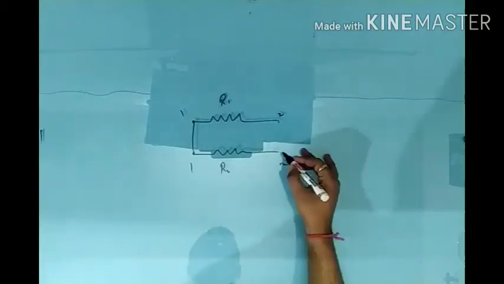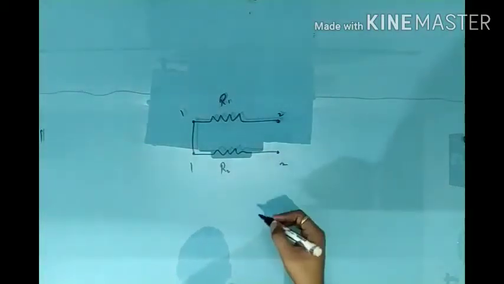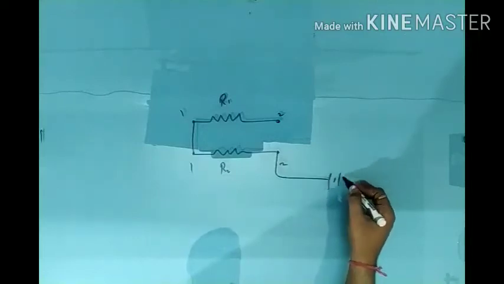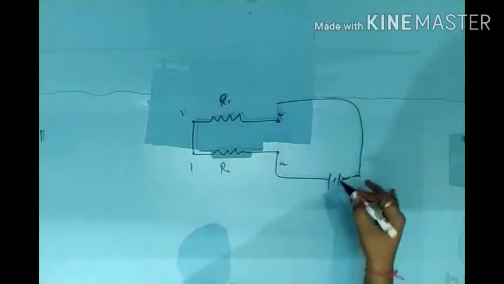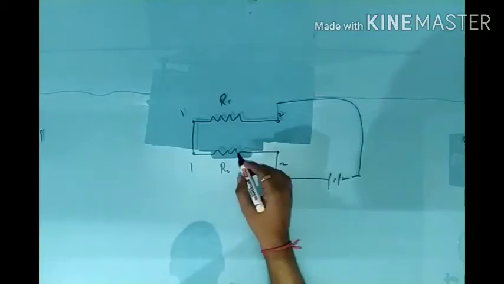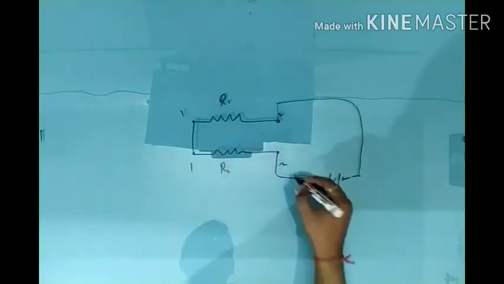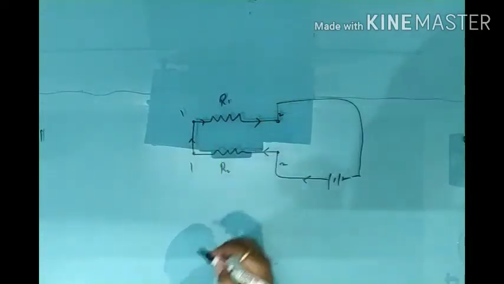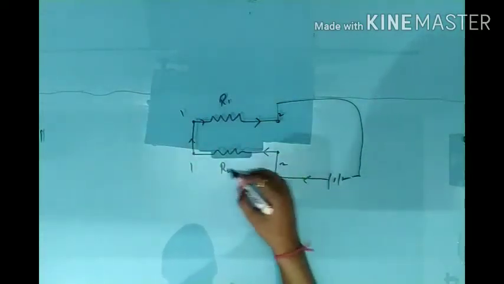now we can see that these two terminals are free. Now, if these two terminals are connected to a battery, it means these two resistors are connected in series, because current is flowing through both the resistors in a single line.